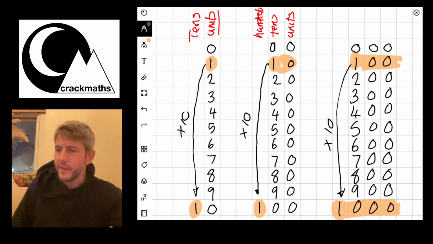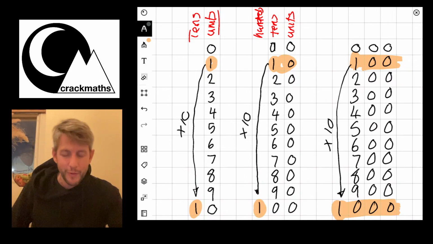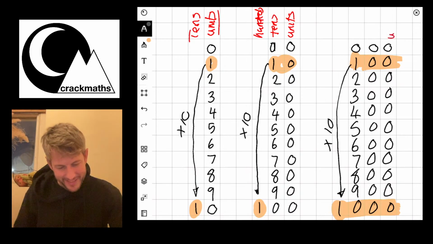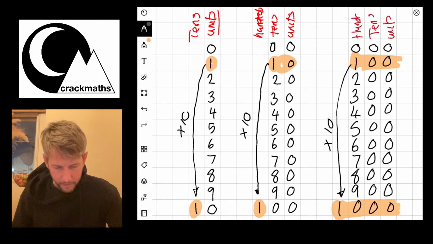And what we can see is if a digit appears in this column here, it's 10 times as big as when it appears in this column, okay? And here, this time we've got units, tens, hundreds, and thousands.